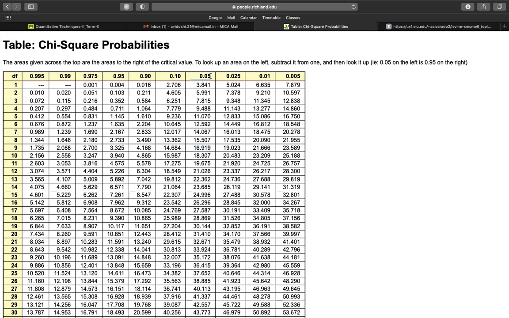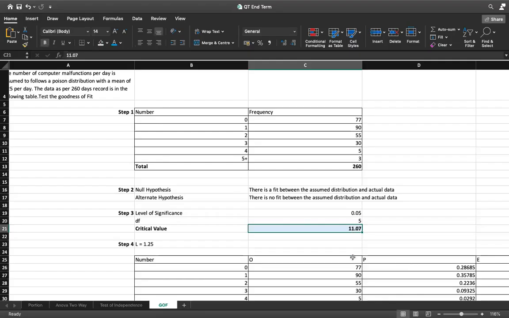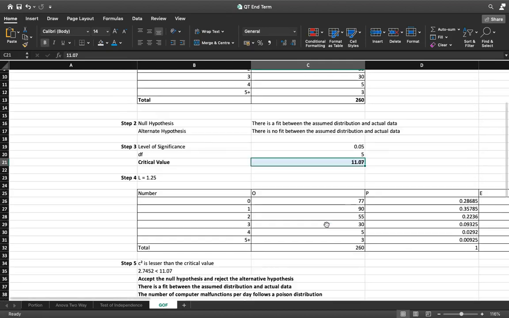So for 0.05, I have my value to be 11.07. So 11.07 is my critical value that I found from the table.